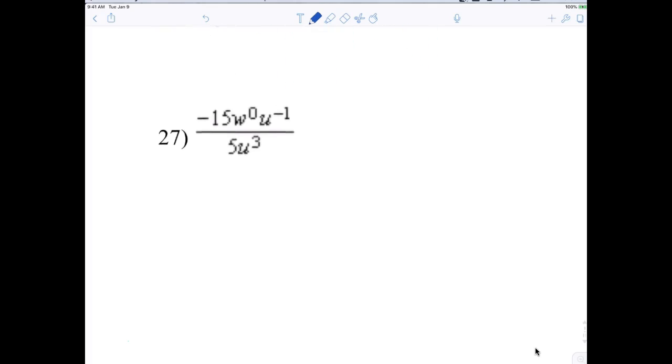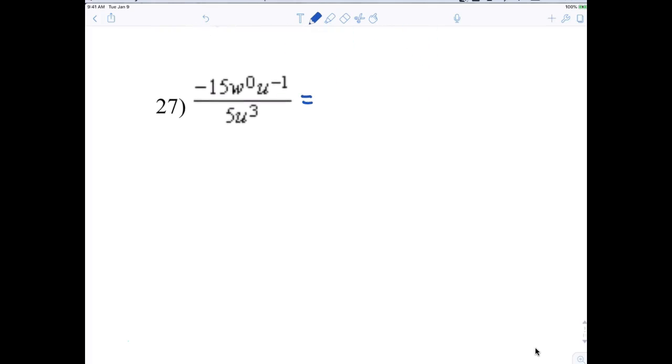All right, 27, help me out. Jake, you're up. Come on. All right, so you can reduce the fraction. Yep, so that's what? Negative 5 over 1. 15 divided by 5 is what again? It's 3. Yeah, good. Negative 3. Let's just leave it as that.